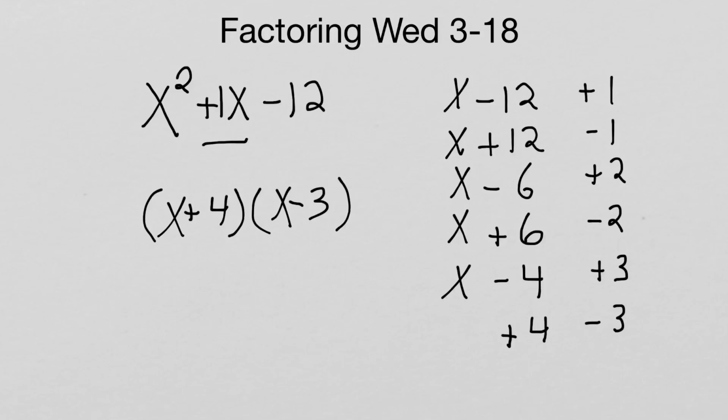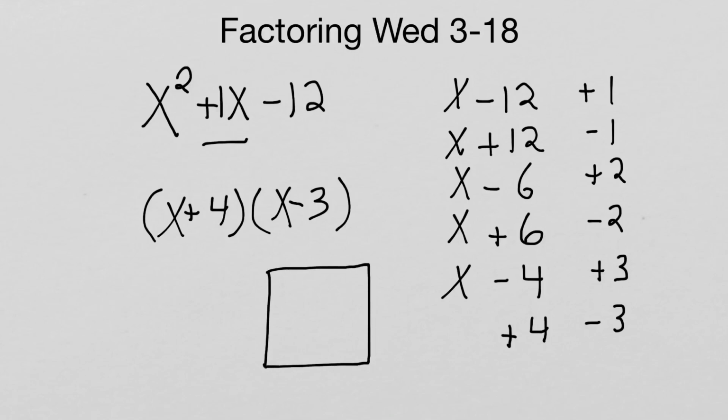I think one of the biggest problems with this factoring is some people aren't real quick with their multiplication facts. I would suggest you go online, print it out, or have one of those charts. I think you know the charts I'm talking about.